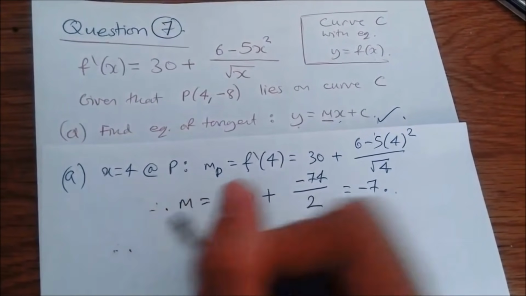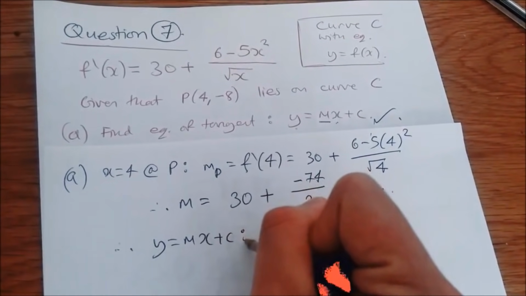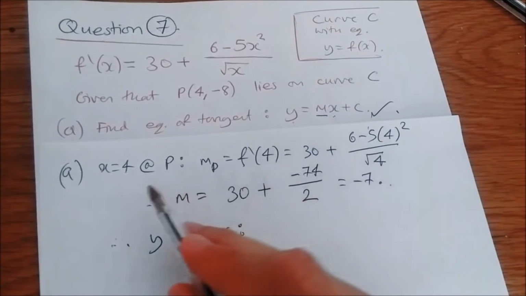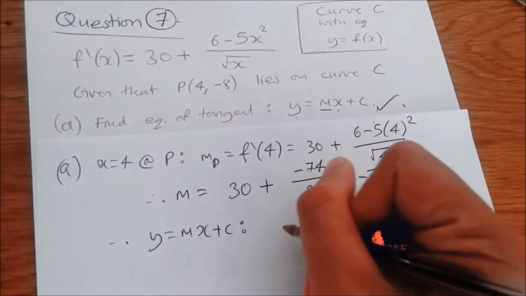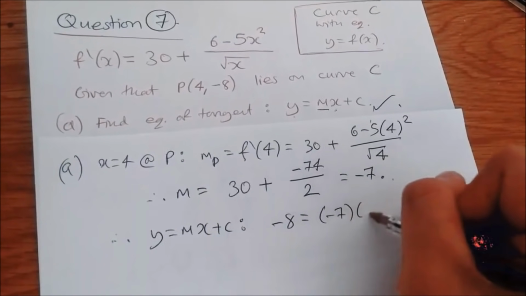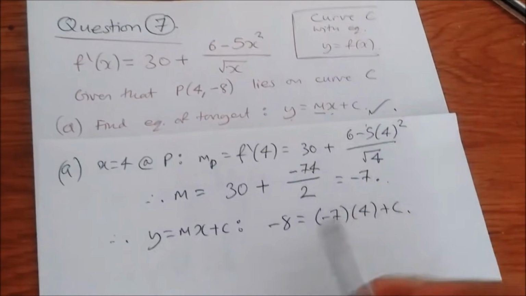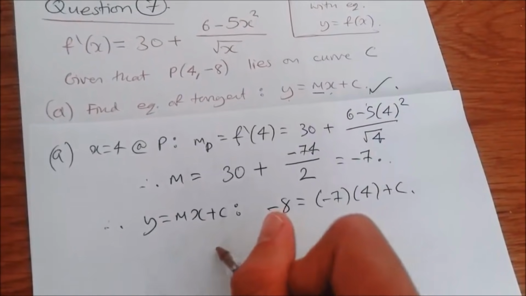So now all we do is using this y equals mx plus c, the equation of a tangent, plug everything back in, the coordinate of P and the gradient. So we got minus 8 into it, so we can have minus 8 equals m, which is minus 7, times x, which is 4, and then plus c. Do it so we can find the value c, rewrite this with m and c, and we're done. So what do we get?